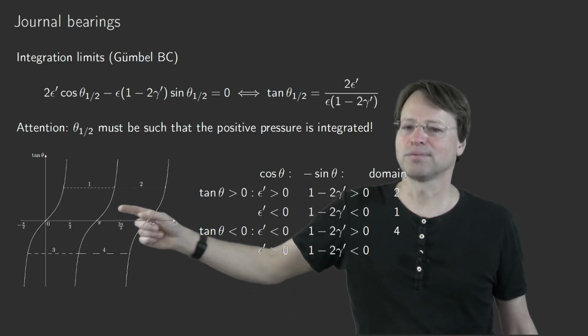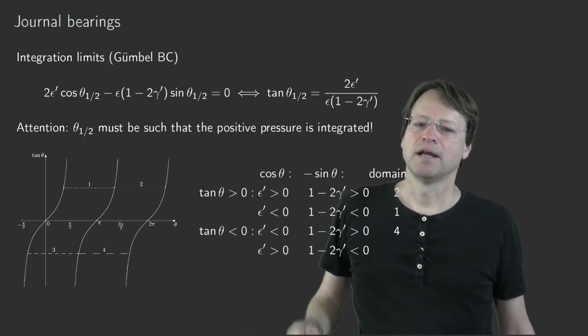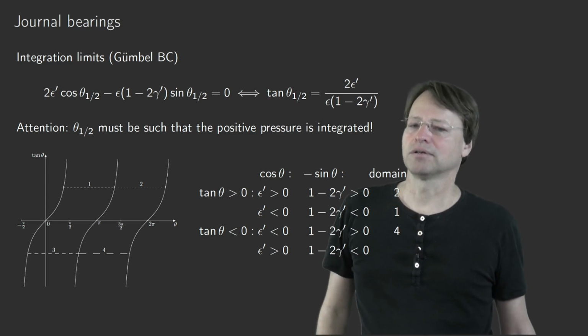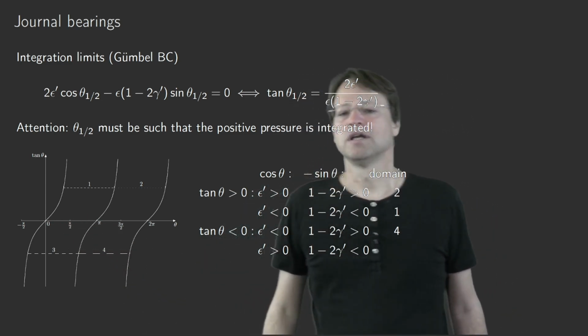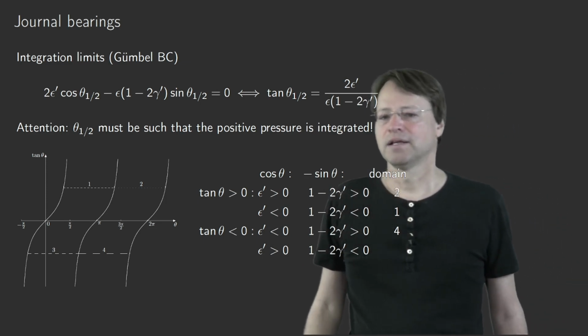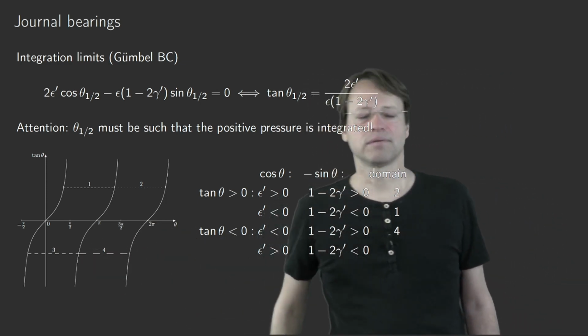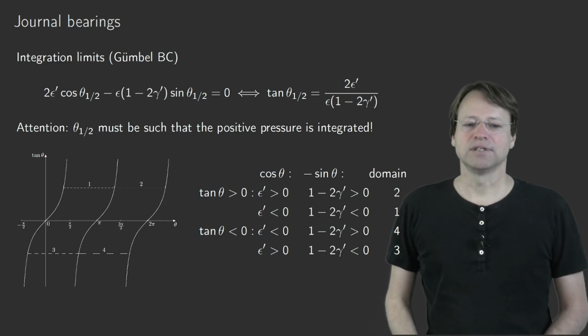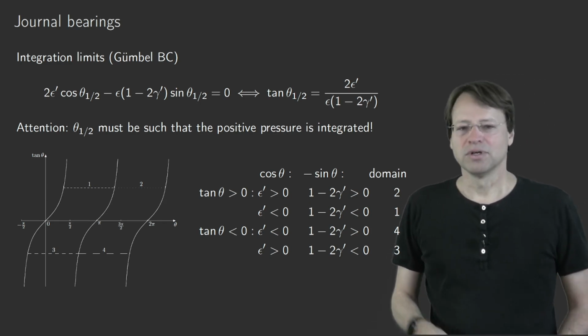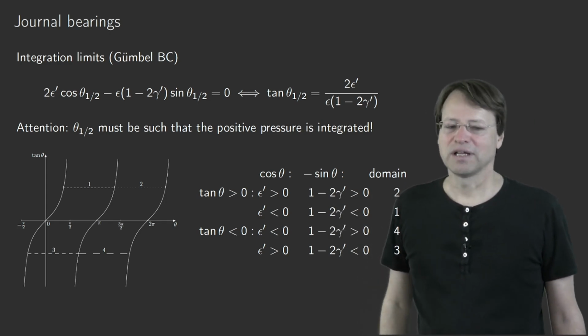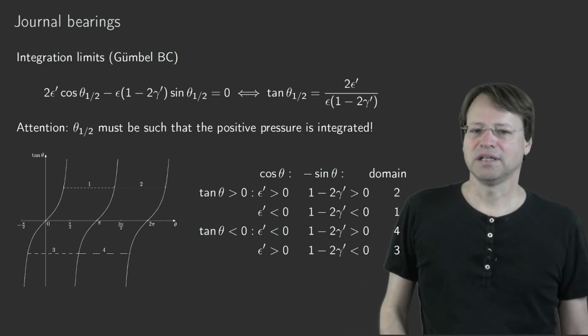So we are in the first quadrant between 0 and pi. And as cosine theta has to be positive, we are in the first quadrant between 0 and pi divided by 2. Therefore, domain number 3. And that's the reasoning for how to obtain the integration limits. So really take care of that. Don't trust your computer.